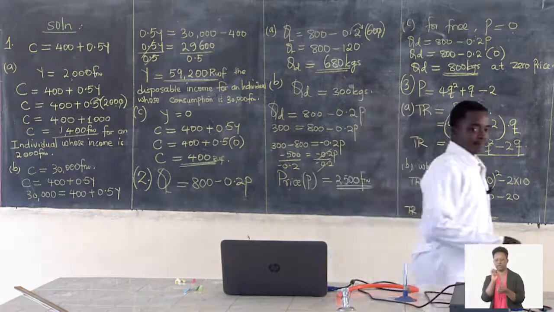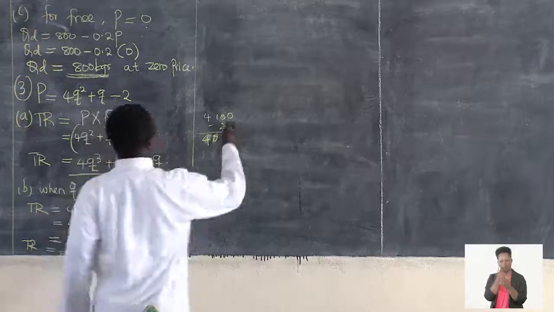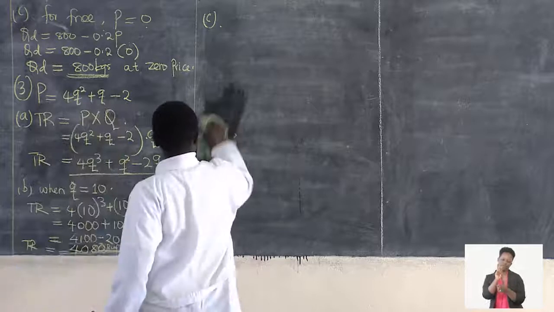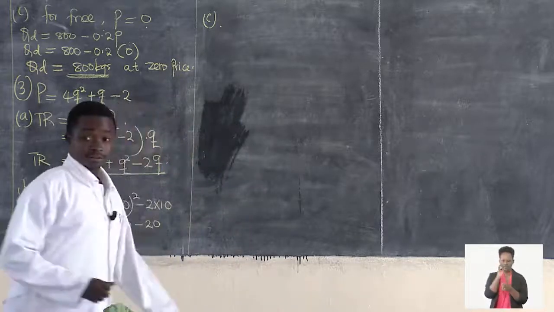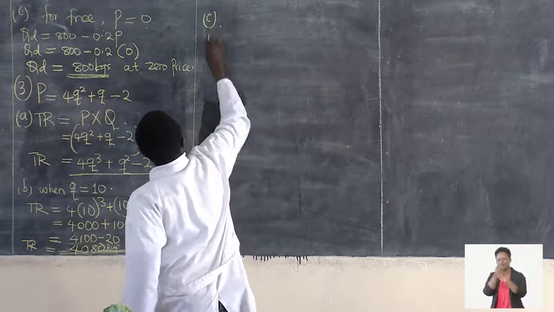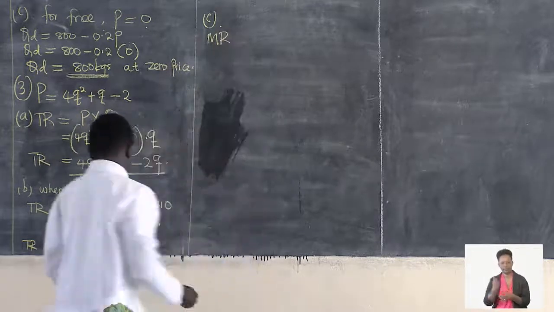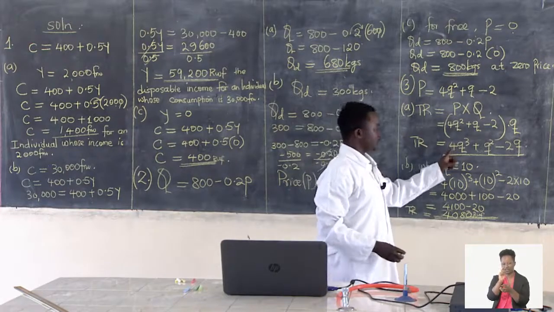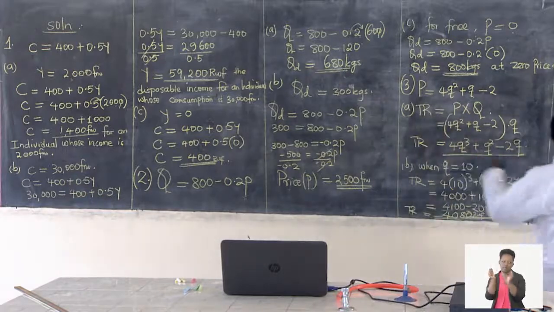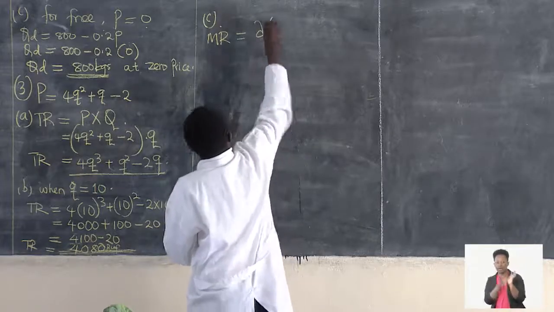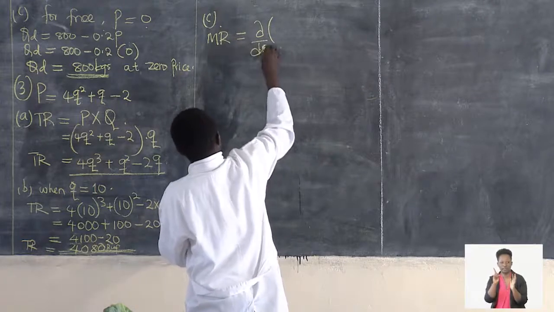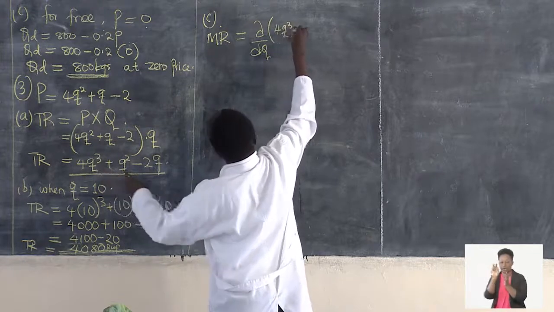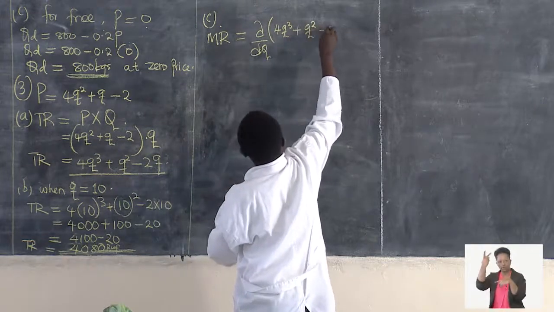Part C, the marginal revenue function of the firm. How can we get the marginal revenue? We differentiate. This is the application of derivatives. We differentiate the total revenue function with respect to output, 4Q cubed plus Q squared minus 2Q.